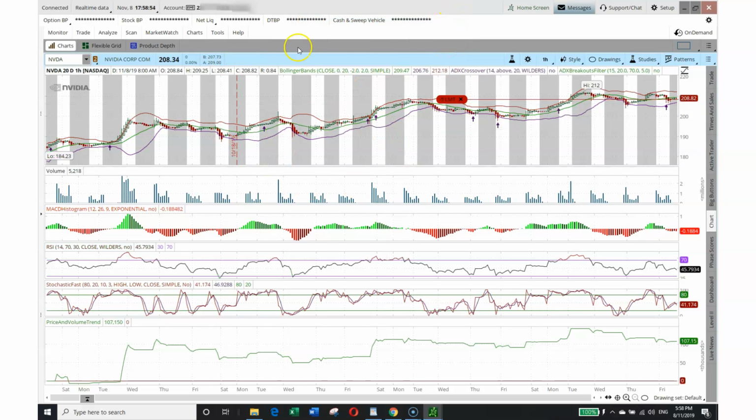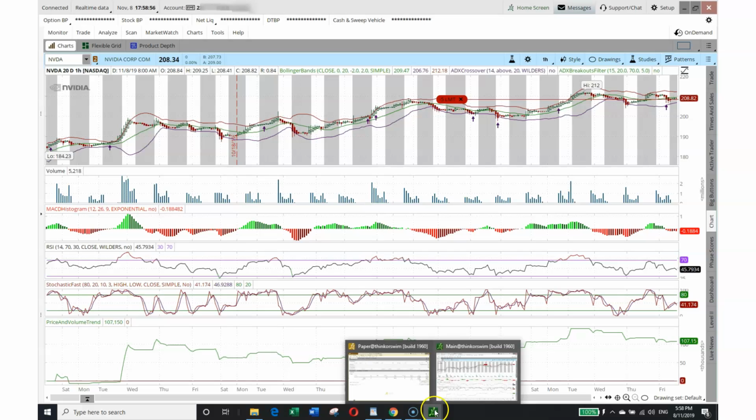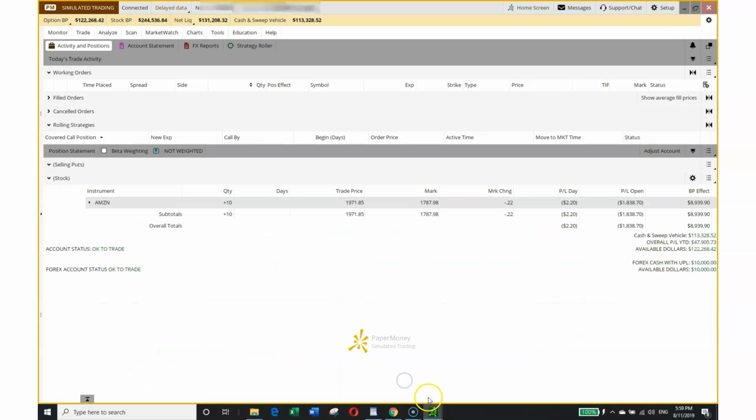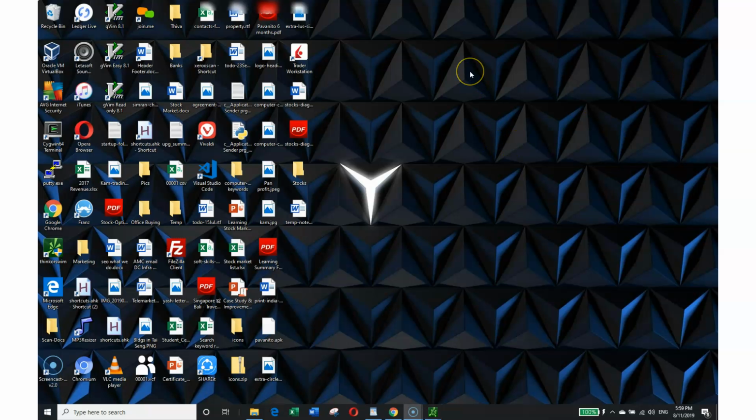This is how you can log into your paper trading and live trading accounts at the same time, which is very useful because while trading, we want to put some paper trades in for things that we are not sure about, and put up some live trades for things that we are sure about.